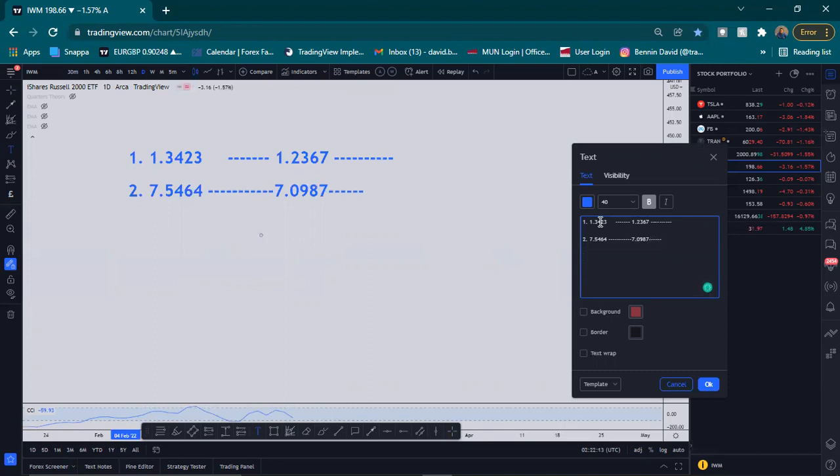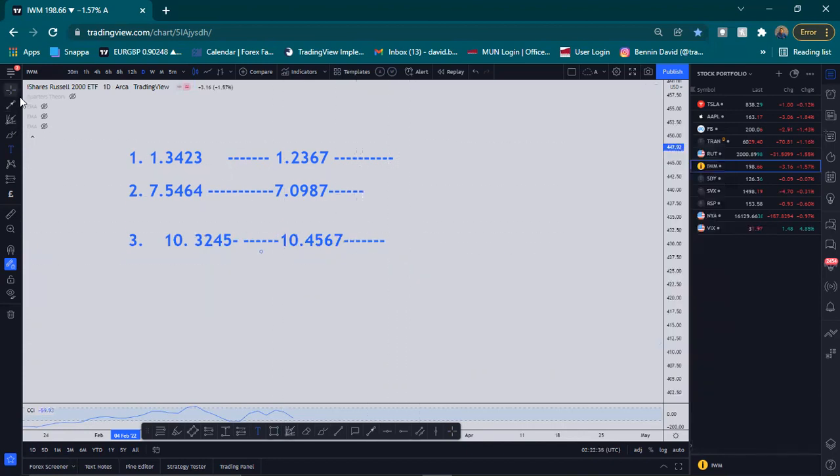And then the third one, if you have a currency 10.3245, and then it changes to 10.4567, how many pips? So you do the difference and find the total number of pips here.